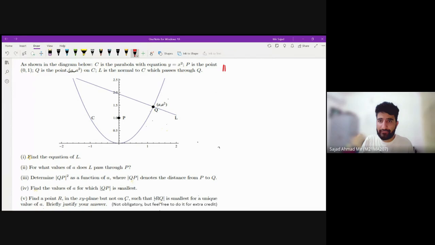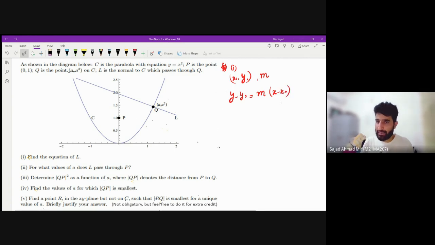For the first part, we have to find the equation of line L. Given that it passes through (a, a squared), we know the equation of a line which passes through point (x0, y0) with slope m is y minus y0 equals m, the slope, times x minus x0.